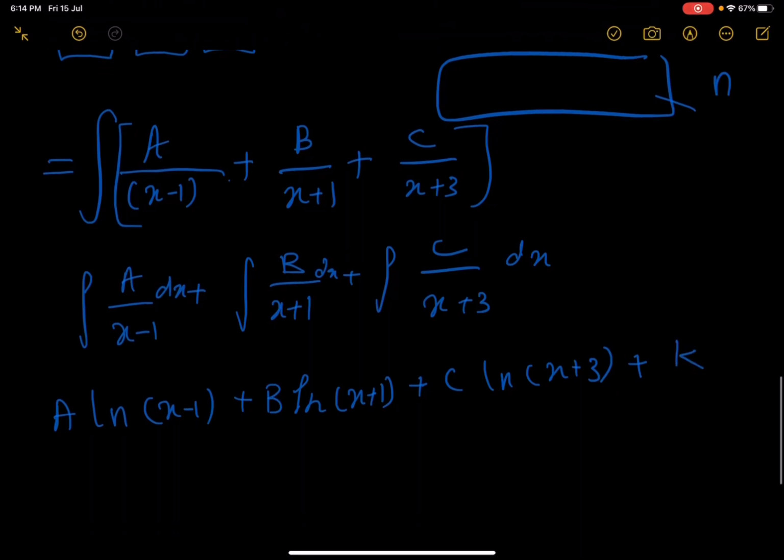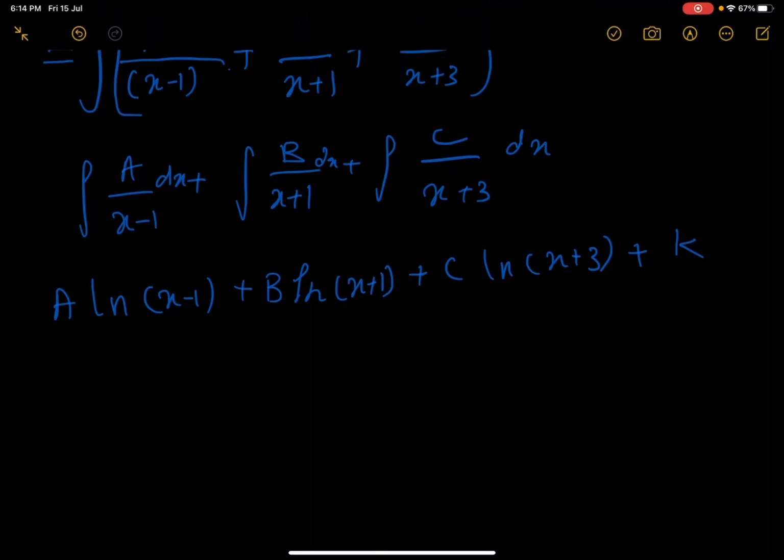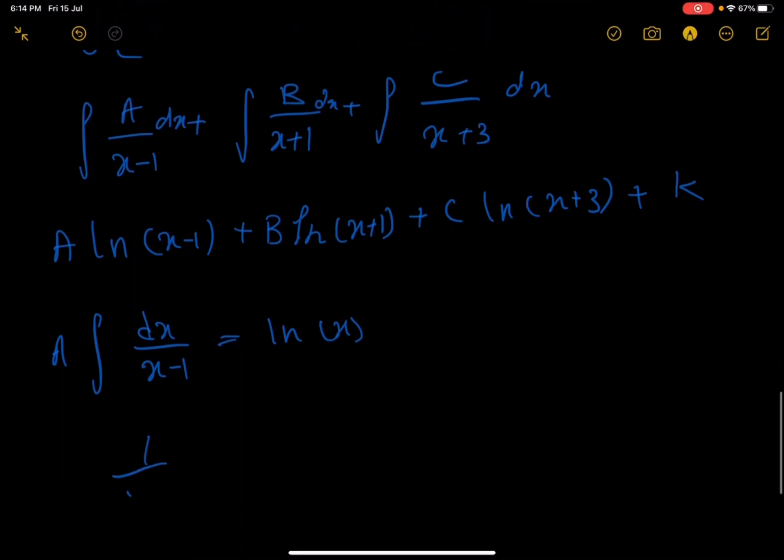Many of you may be wondering why we said ln is the integration for this. Simply, you just have a constant over dx over a term which is a polynomial of degree 1. So this immediately will be ln of something. Just like having 1 over x, the integration of this is ln x.